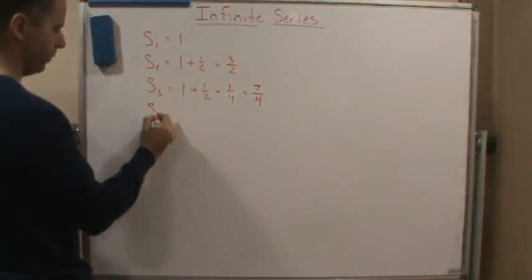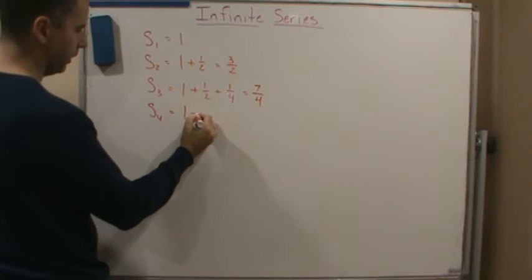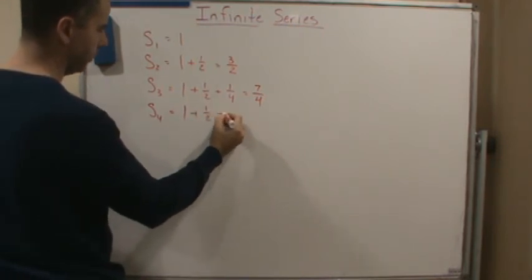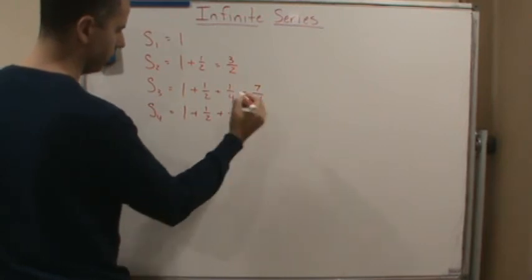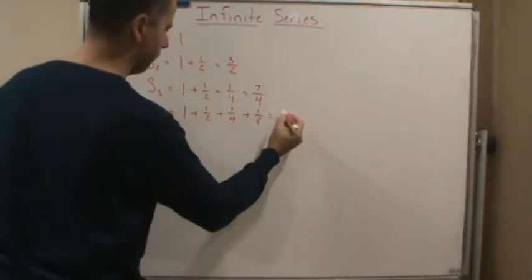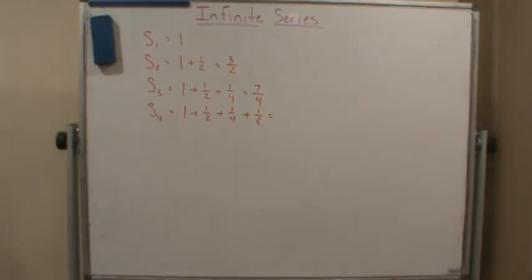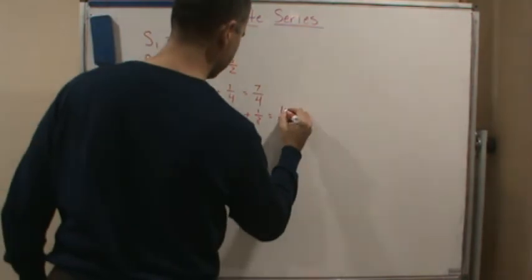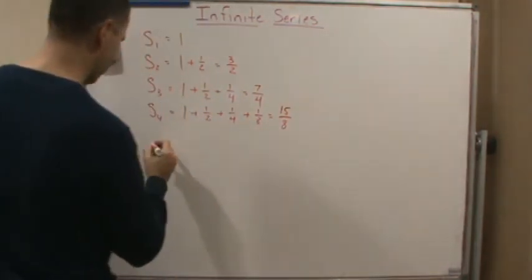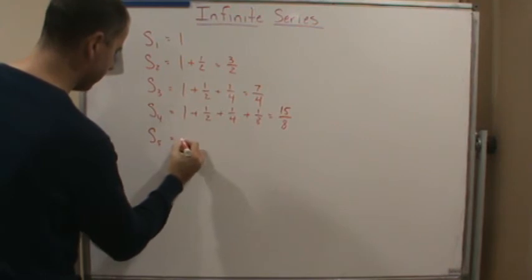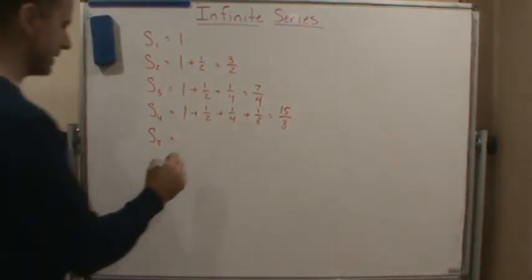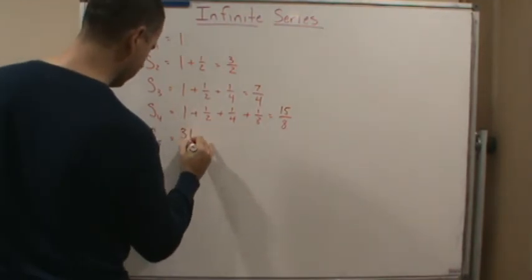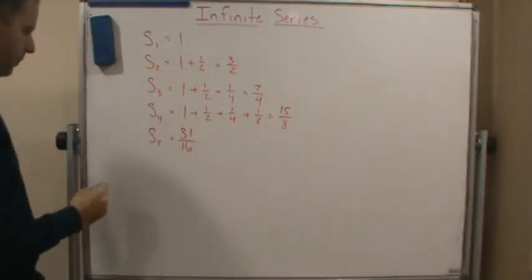Okay? And then when you do S sub 4, you add 1/8, and if we put that out, we get 15/8. And then if we go out to the 5th, we get 31/16.